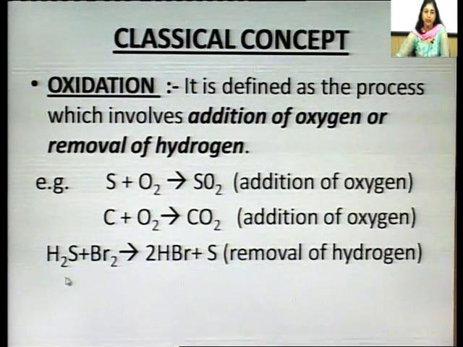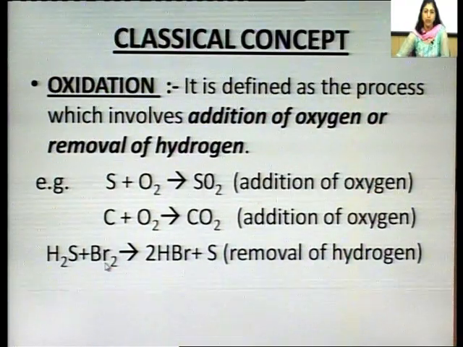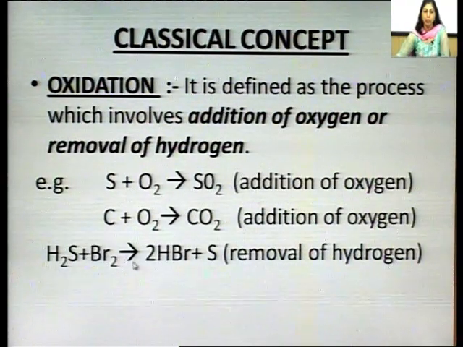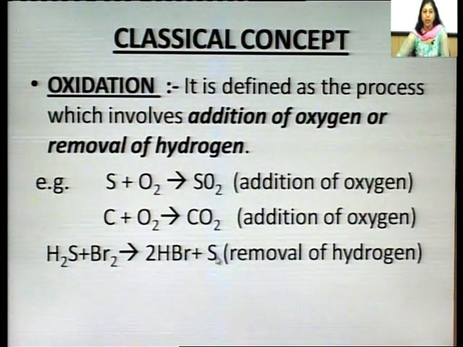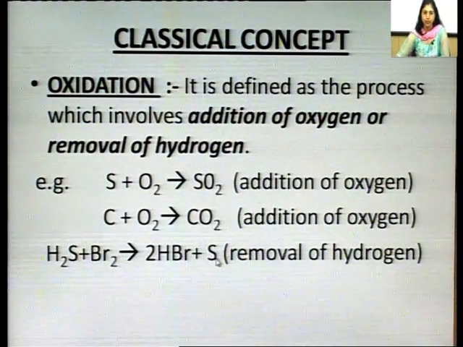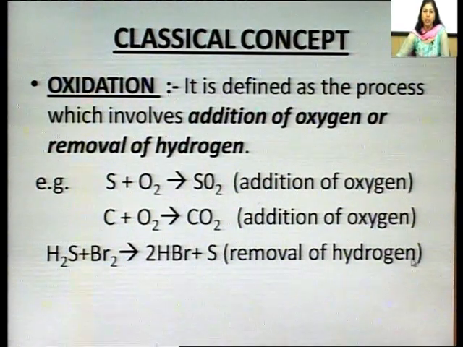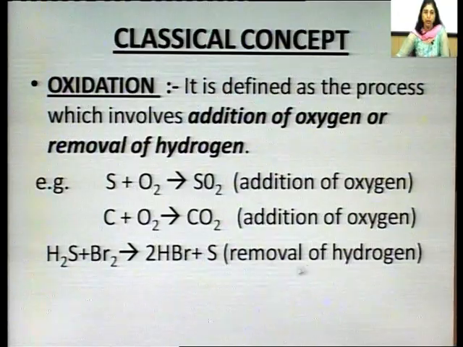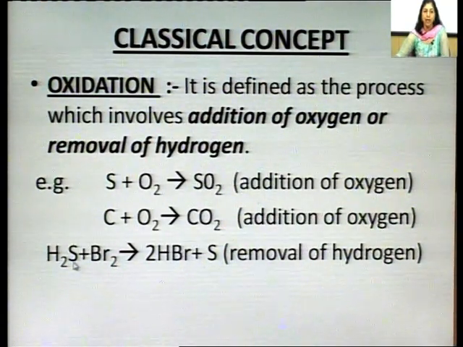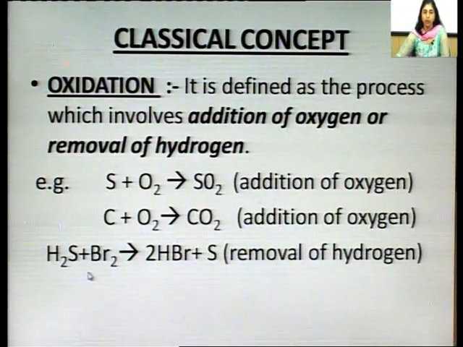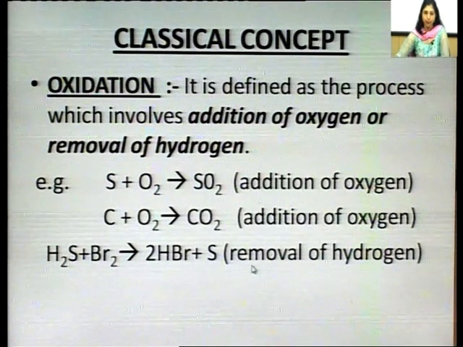In the third example, H2S reacts with Br2 and results in the formation of HBr and sulfur. What happens in this reaction? Hydrogen is being removed from sulfur. So we can say it is an example of oxidation in which hydrogen is removed.